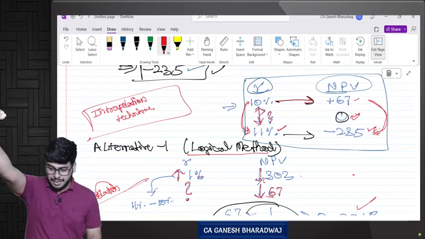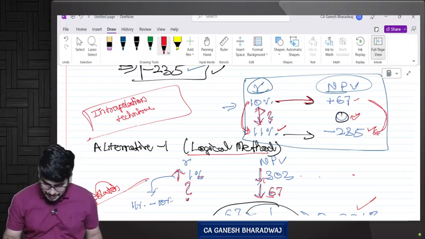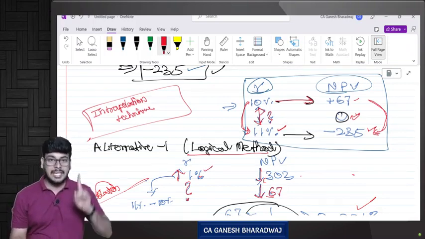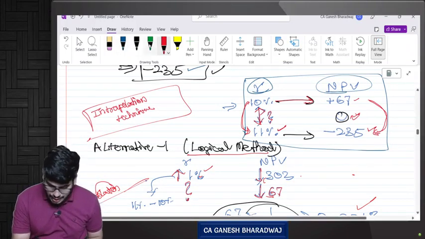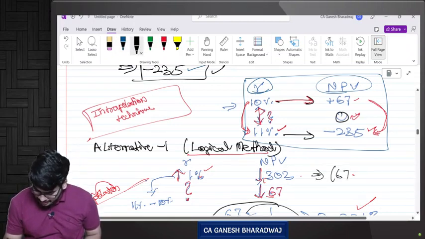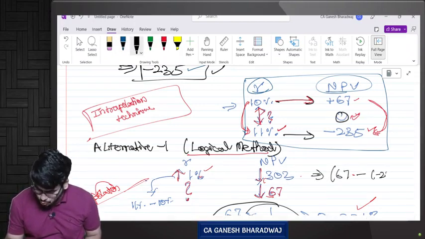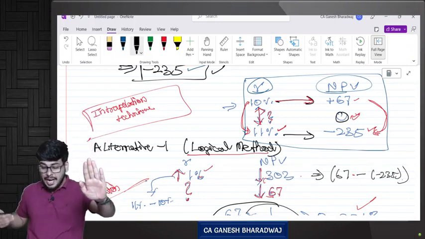It was positive 67, it became negative 235. So for a 1% increase in my rate, NPV has fallen by 67 minus of minus 235. What was positive 67 has now become negative 235.